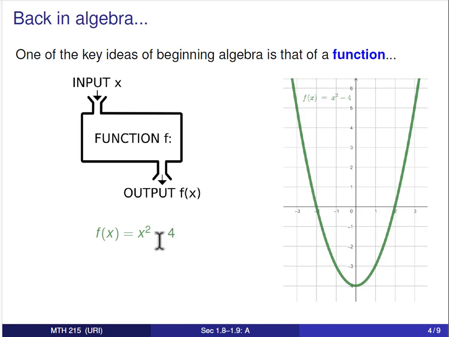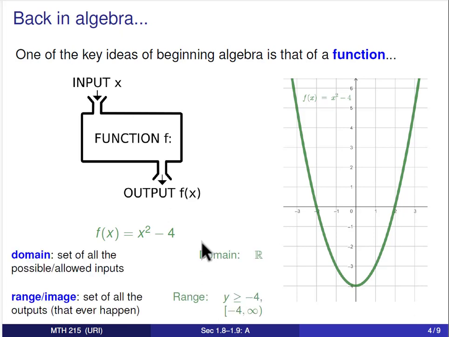So if I were to put in x equals 3, for instance, we get f of 3 is equal to 3 squared minus 4, which is 5. And if you take a look at the graph on the right, you see that when x equals 3, y is equal to 5. And the graph here, the graph of this parabola, illustrates the values that you get out from the function x squared minus 4.